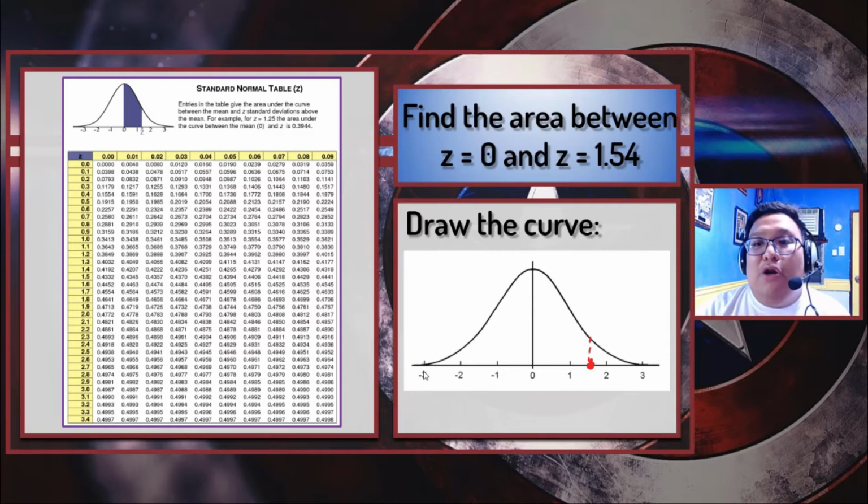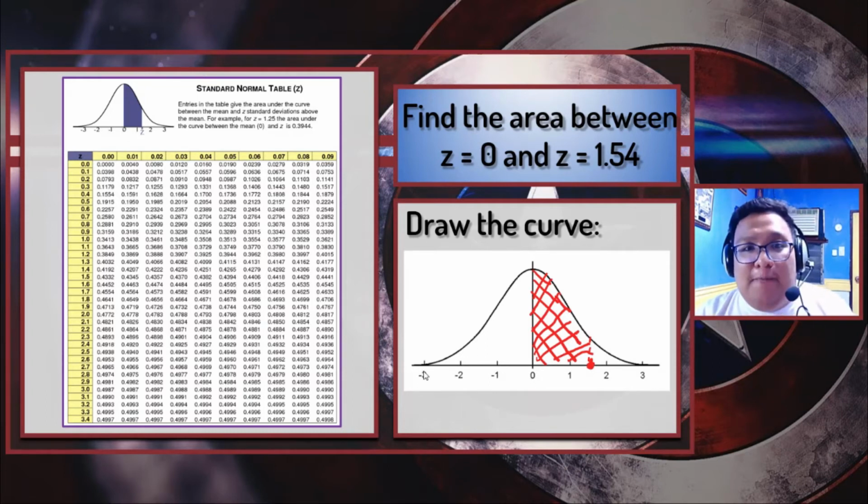And since we're looking for the area between 0 and 1.54, we can shade that part. So yung red shades na yon, that is what we are looking for. Ano yung area nun? Ilan ang or what value ang magiging responsible for that certain area?